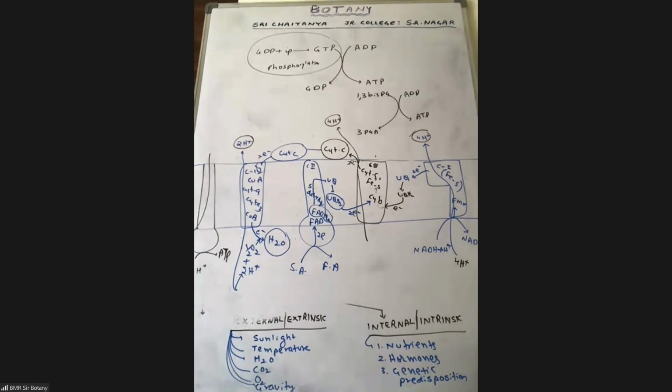What type of growth curve is there for arithmetic growth? Linear. Whereas for geometric growth, an S-shaped sigmoid curve with three phases: lag phase, log phase, stationary phase.